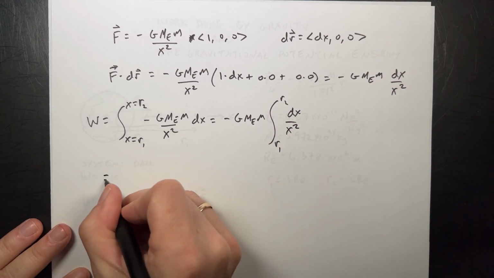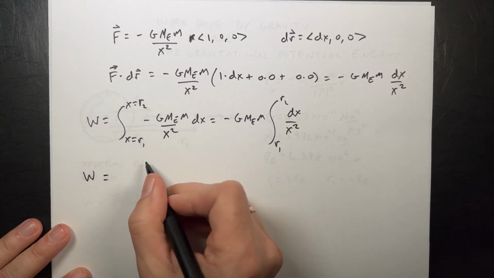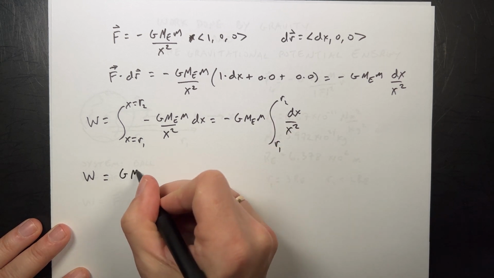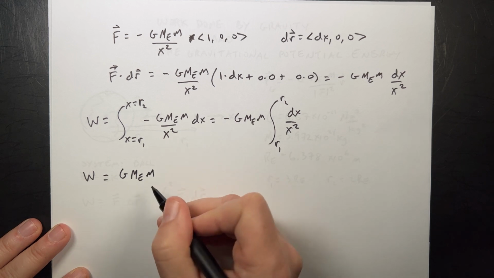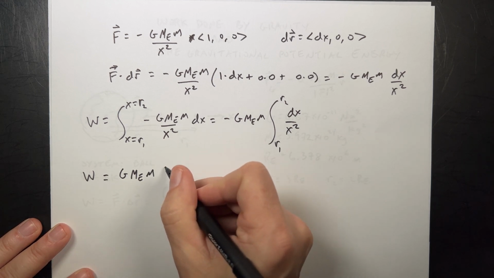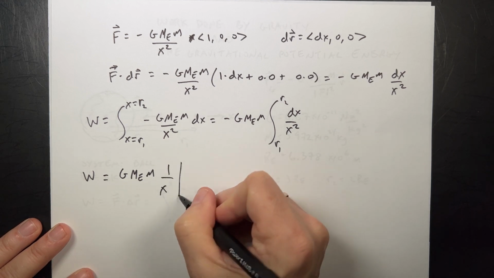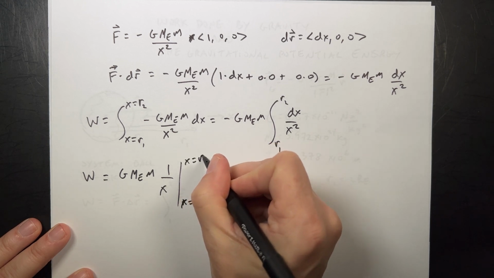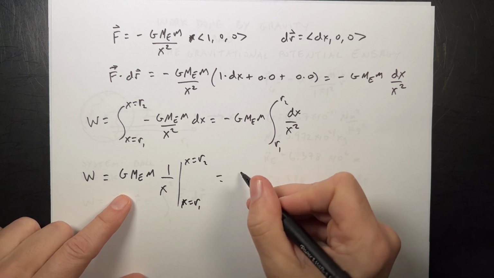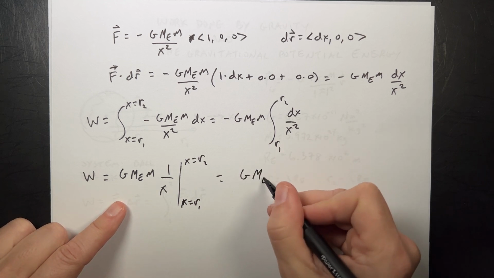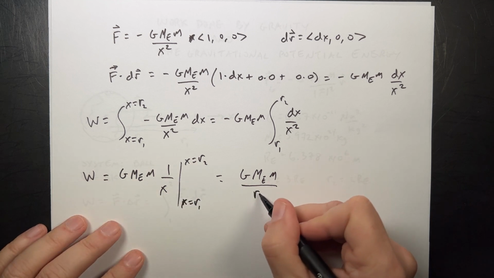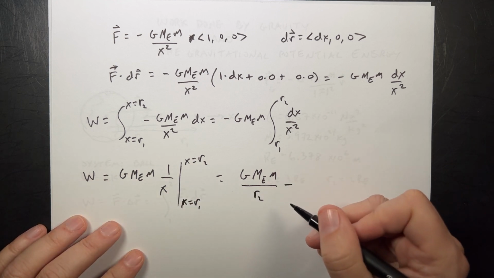So the work done by gravity is going to be equal to negative, so that negative goes away, G, mass of the Earth, mass, and then I have 1 over x from x equals R1, x equals R2. So it's going to be G, mass of the Earth, mass, over R2, minus R1.